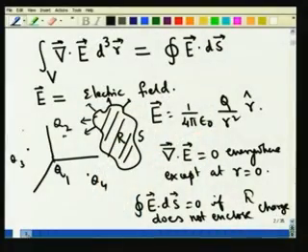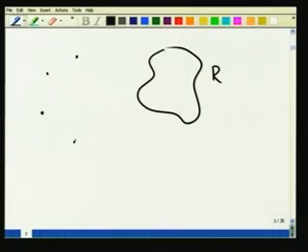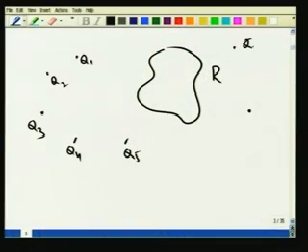So, let me indicate that again here. What I do is take a certain region R and put a large number of charges. I could put a charge here, I could put a charge here. Let me label them Q1, Q2, Q3, Q4, Q5 and let us say Q6 and Q7.